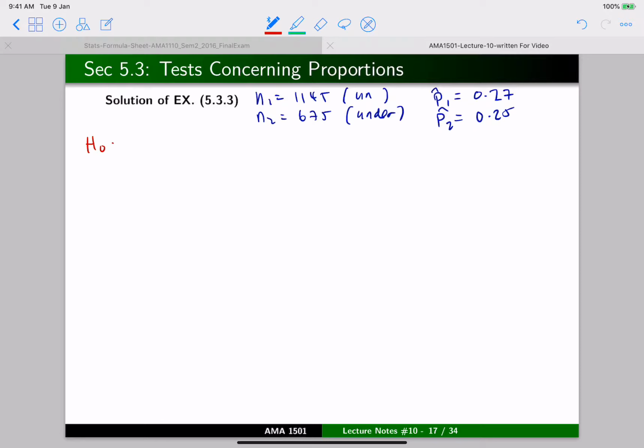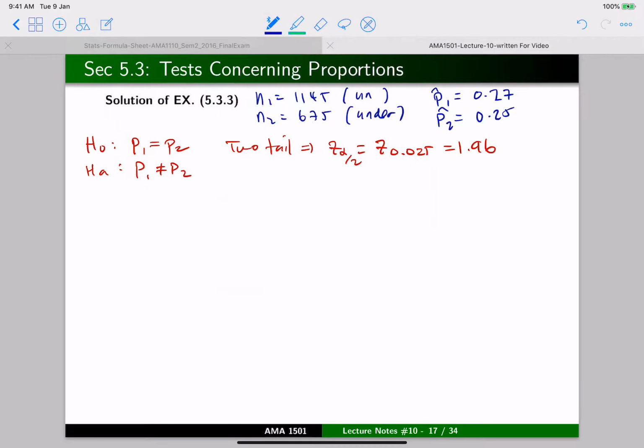Our null hypothesis is that the two population proportions are the same, and our alternative hypothesis is that they are different. We have a two-tailed test, so alpha is 0.05 and z alpha over 2 is z 0.025, which we know is 1.96 from previous examples.